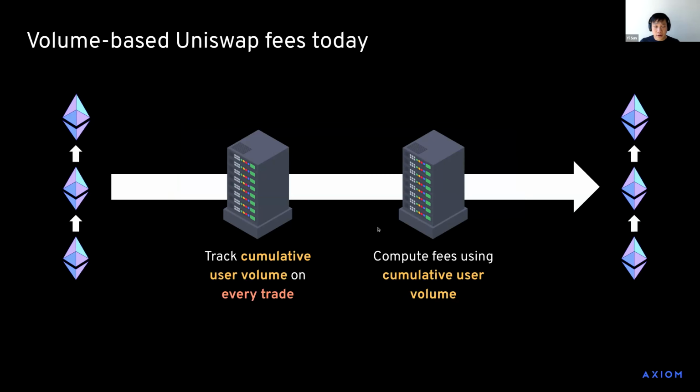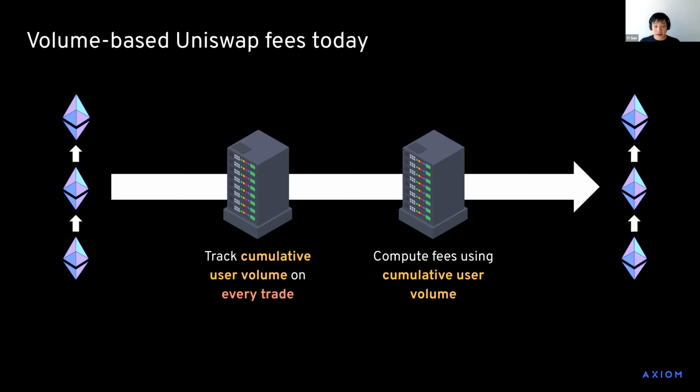In a second scenario, suppose you wanted to make Uniswap fees dependent on the volume that a user has traded in the last week. Today, to make that possible, you'd have to track for each user their cumulative volume on every trade. What that means is that every Uniswap pool would have to maintain a list for every user of the total volume and keep that updated every single time it makes a swap.